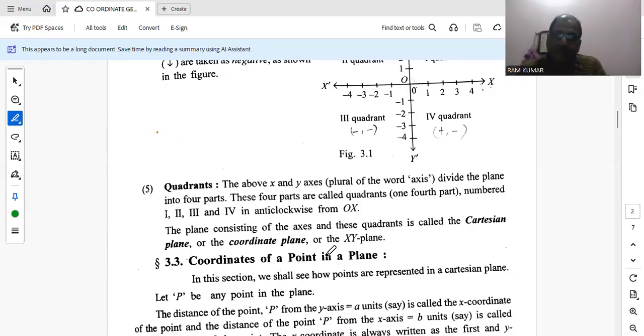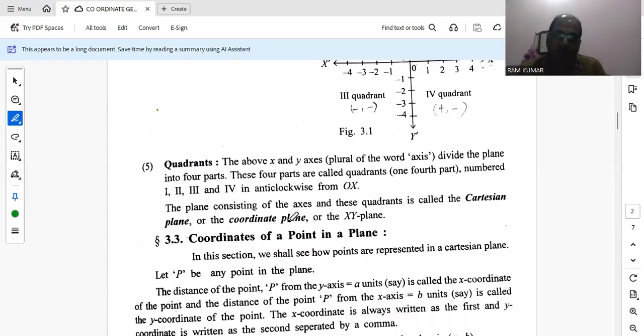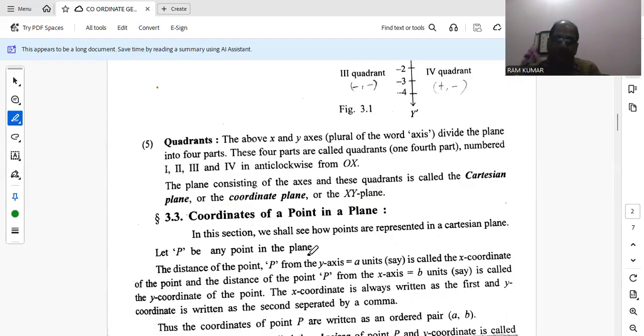Before that, you should know there are two parts of a coordinate, which we call the x coordinate and the y coordinate.